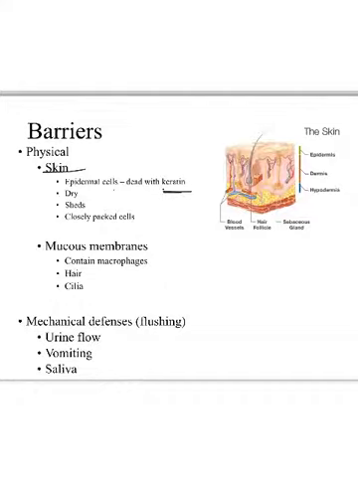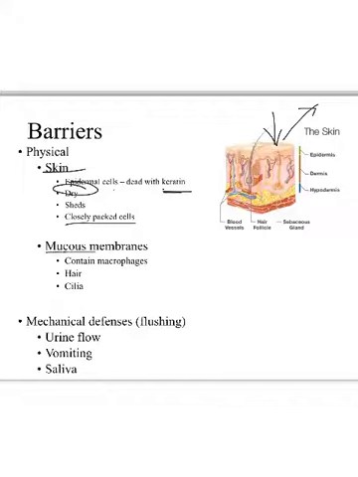Keratin is a protein. They're dry, and we're constantly shedding, sloughing away the cells from the top. The cells are closely packed together, so it's hard for things to pass through or in between them. So the epidermis is a pretty good physical protective layer.